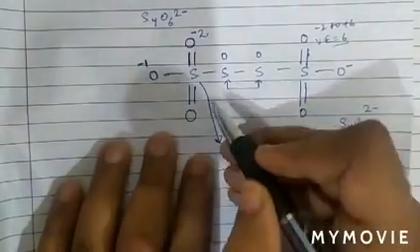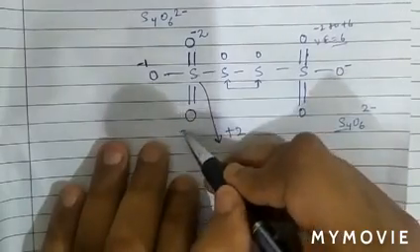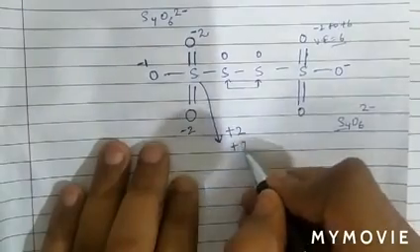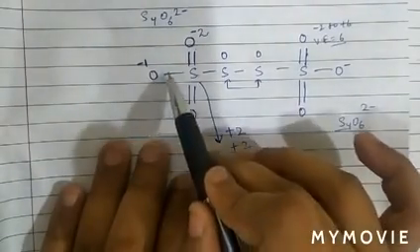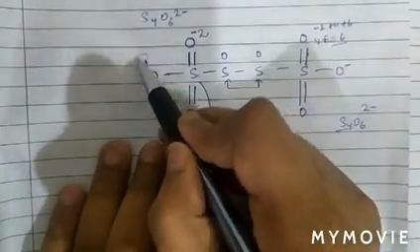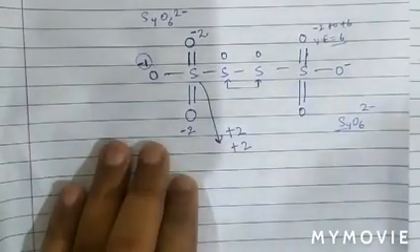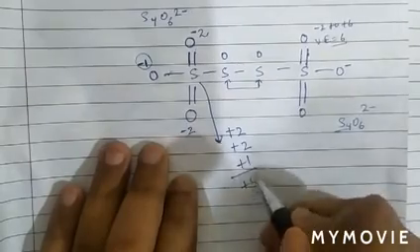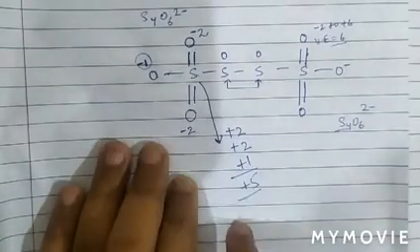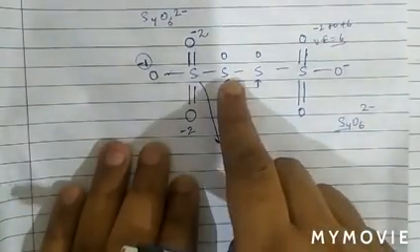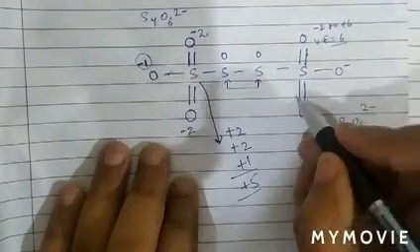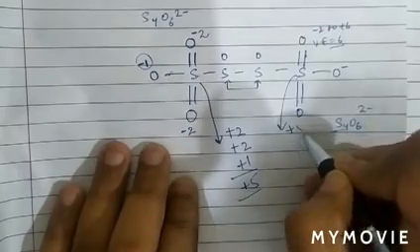Again there is a double bond, so oxygen gets -2 and sulfur gets +2. Due to this bond, the oxygen atom already has -1, so sulfur will get +1 charge. So the charge on this sulfur atom is +5, and this sulfur atom 0 and this sulfur atom 0. This and this sulfur atom are similar, so the charge on this sulfur atom will again be +5.